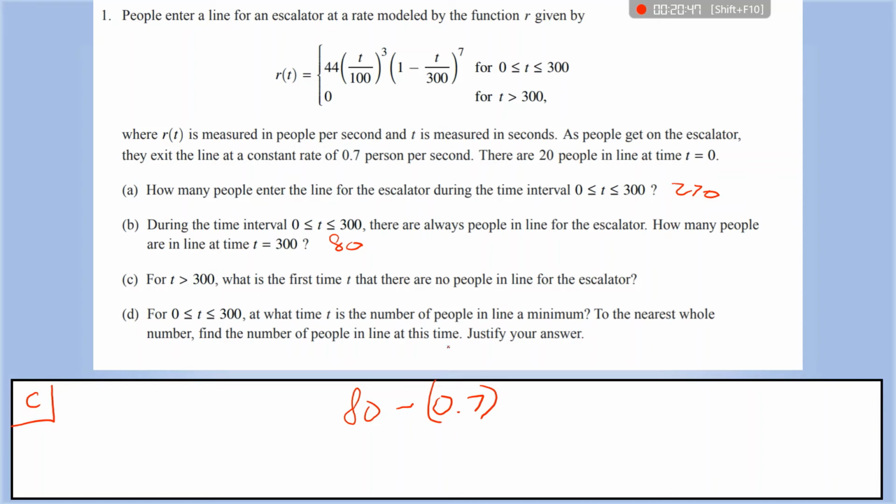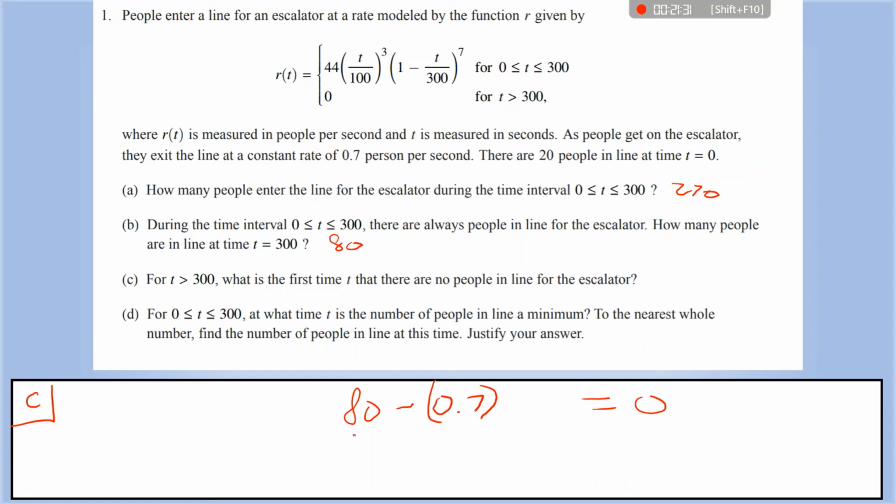So if I want to make this people minus people equals 0, what would I have to multiply this 0.7 by? By the integral of R(t). My integral of R(t) minus our rate already gave us 80.